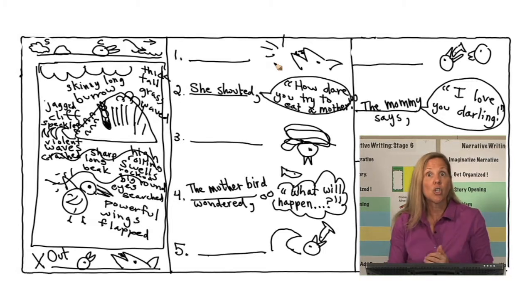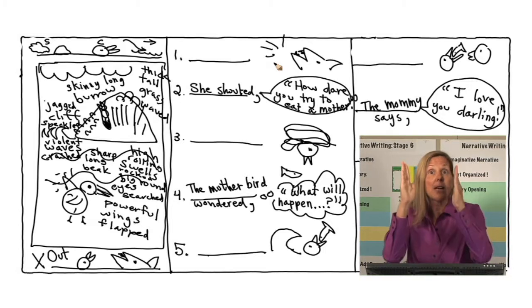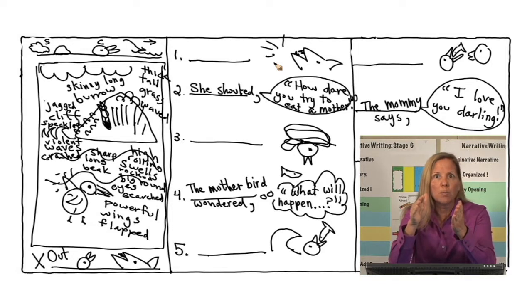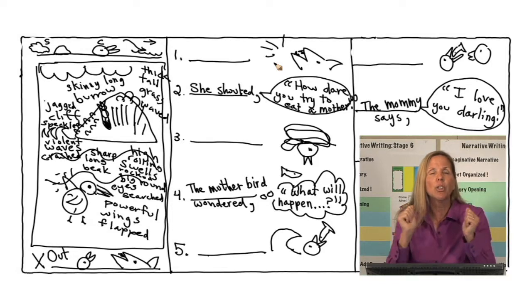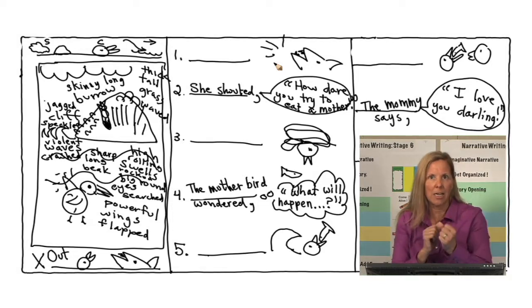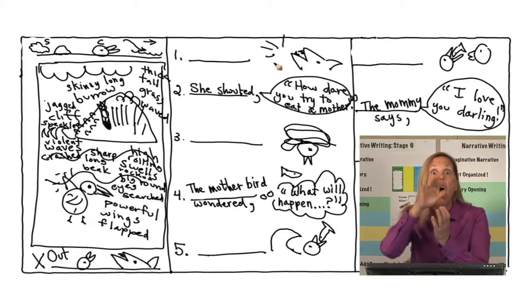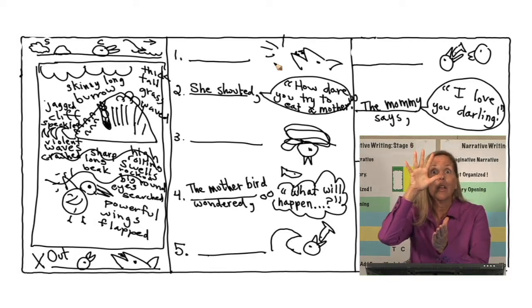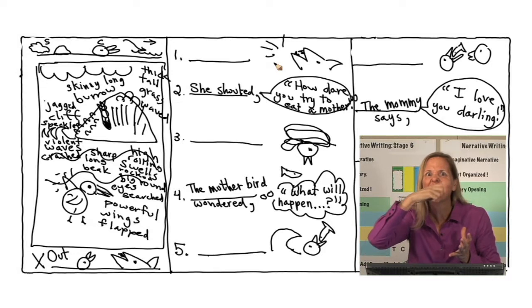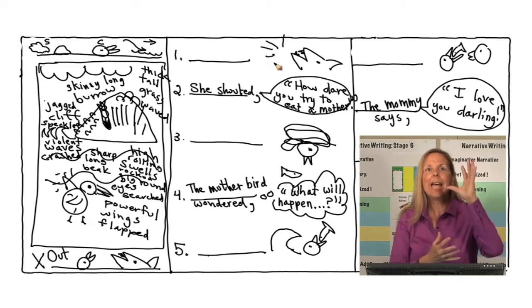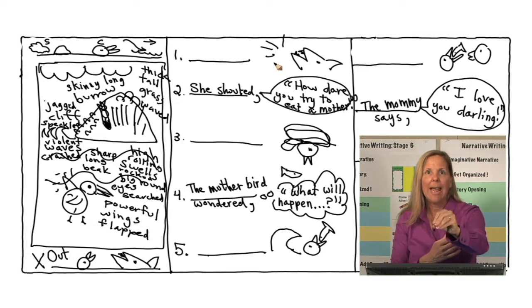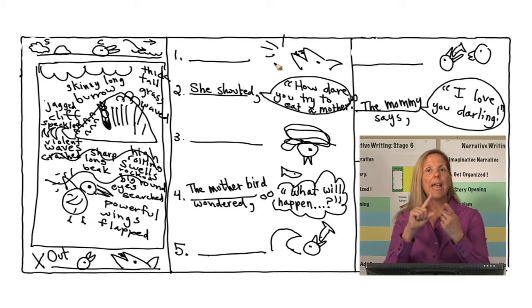Let's be the shark. The shark we know in the previous sentence popped out of the water and was swimming towards Mrs. Puffin. Now let's do 3 actions. What would the shark do as it comes towards Mrs. Puffin? It opened its mouth, revealed its sharp teeth, then snapped at the bird. Look at that. We had opened its mouth, revealed its sharp teeth, then snapped at Mrs. Puffin.